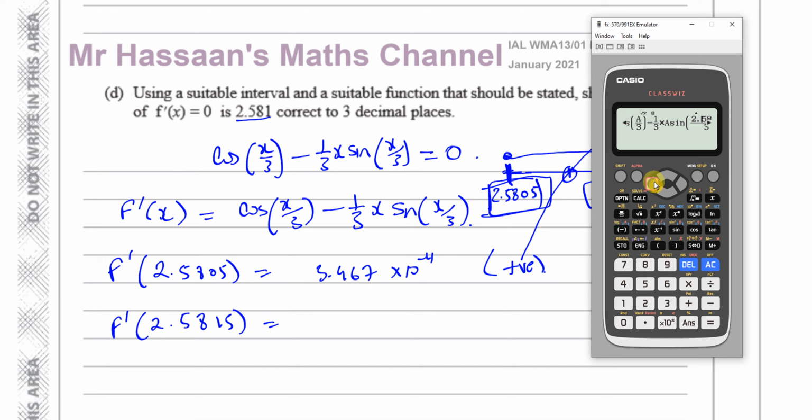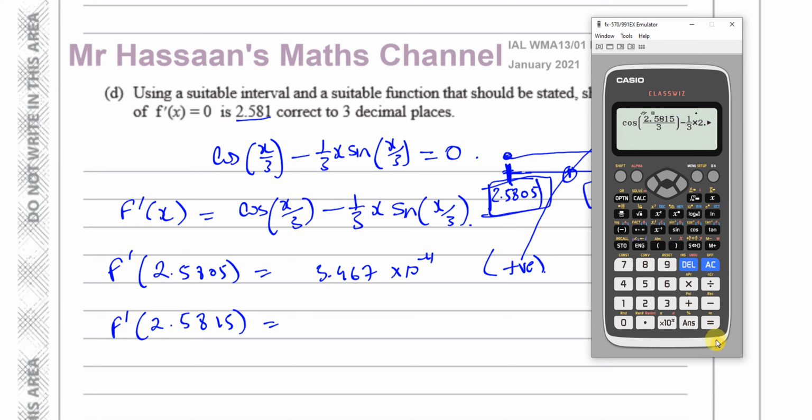And I'm going to do the same with this A, and with this point, 2.5815.